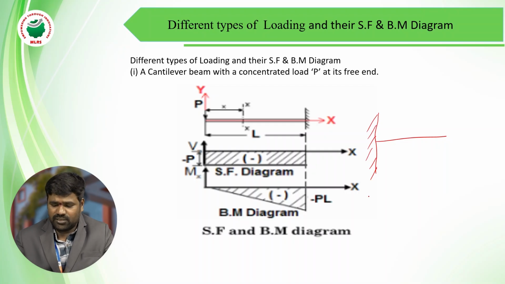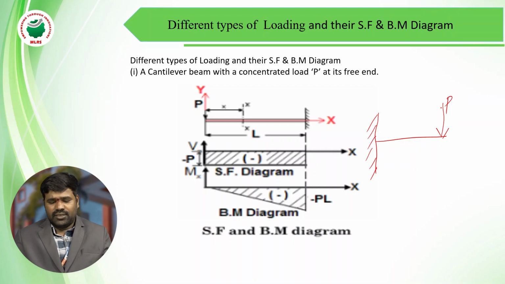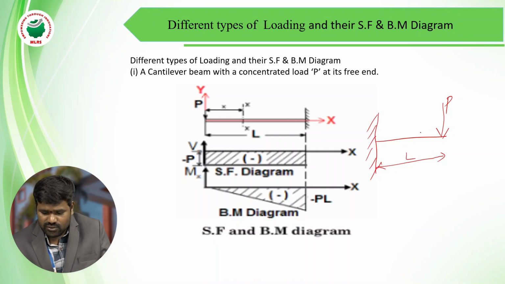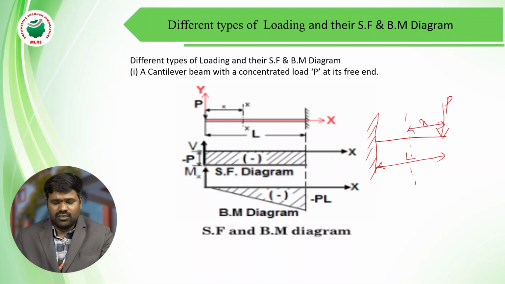So load P is applied at the free end, some distance, this distance L. This is called X. So see the figure. The cantilever beam shear force diagram is rectangular shape and the bending moment diagram shape is triangular shape.